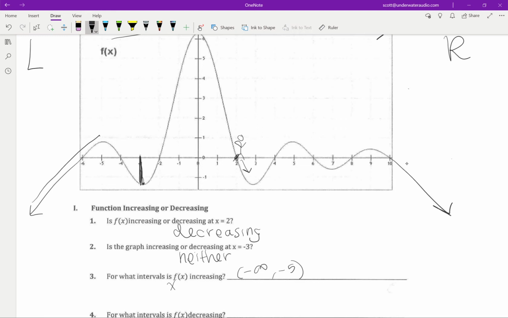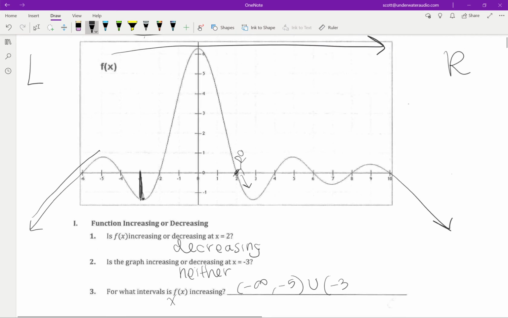Oh, by the way, I'm going to use a U here. If you're not familiar with this notation, this is something I'm expecting you to have seen before, but if you haven't, just send me a message on the Q&A board. We can talk about it. I'm doing a union of these two intervals: negative infinity to negative 5, and then negative 3 to 0, because the person would go uphill all the way until x equals 0.